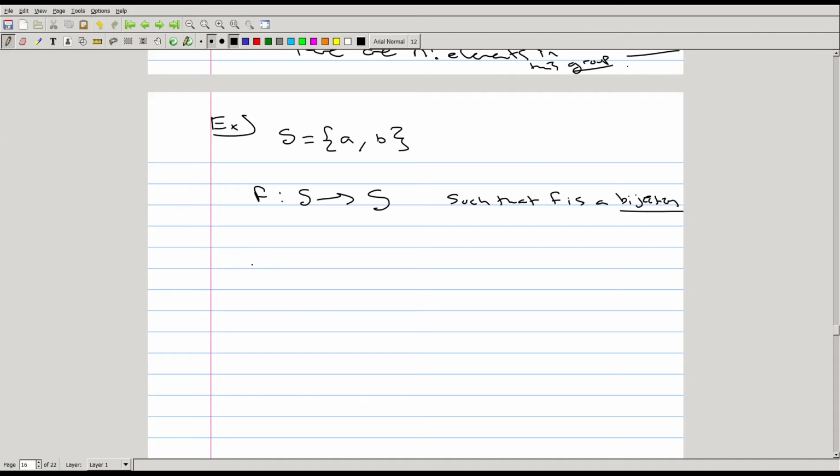For this, we call F identity to be the function that is the identity function, or that maps A to A and B to B. And then we'll say F1 is the function that maps A to B and B to A.